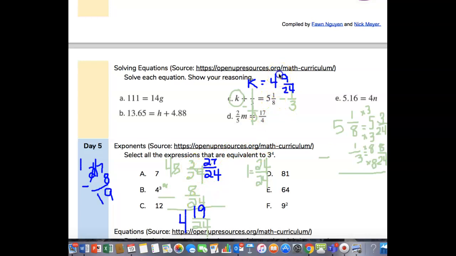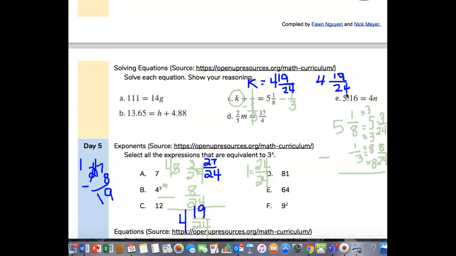So let's fix this. 19/24ths. So 4 and 19/24ths is your answer for what is k. Always check your work. It's easy to make a calculation error. So k equals 4 and 19/24ths.